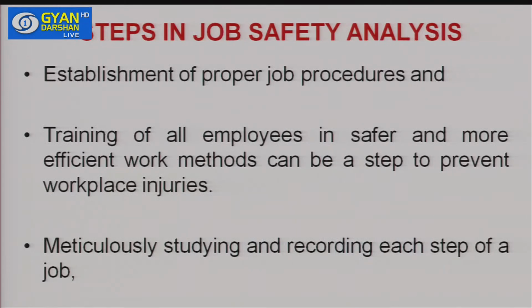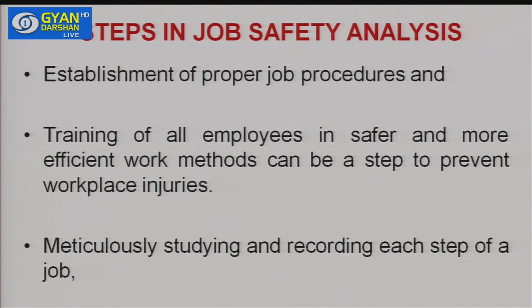So what are the steps in job safety analysis? First of all, we have to establish proper job procedures. What are the various steps in doing a certain job? Then we have to train all the employees in doing their work in a proper manner, which is much safer and more efficient.